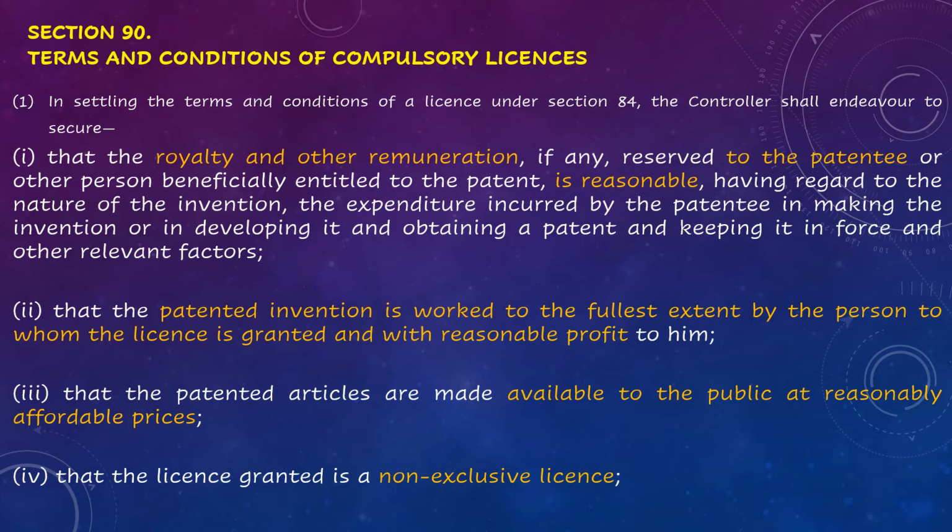That is, how much royalty or remuneration the patentee or the person entitled to the patent will be given, that will be reasonable, and the factors on which it will be decided how much they will be paid are related to the nature of the invention, how much expenditure they have made in making the invention or developing it or obtaining the patent or keeping it in force, etc. Next, number 2, that the patented invention is worked to the fullest extent by the person to whom the license is granted and with reasonable profit to him.